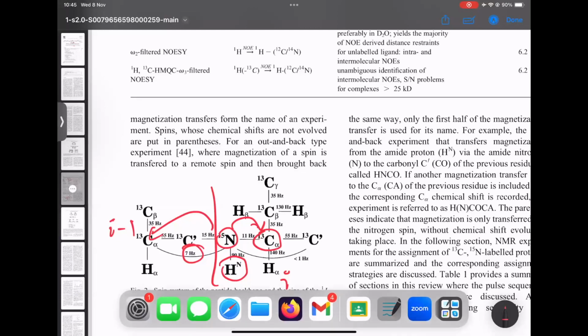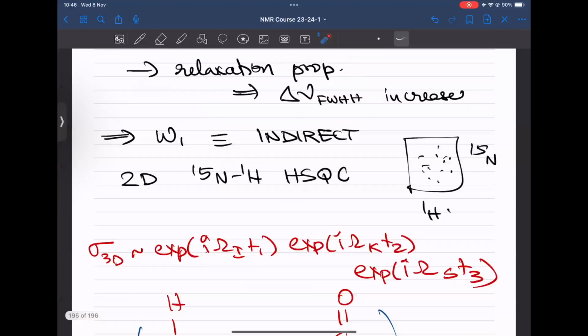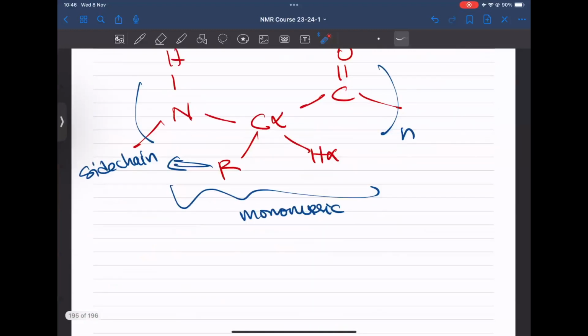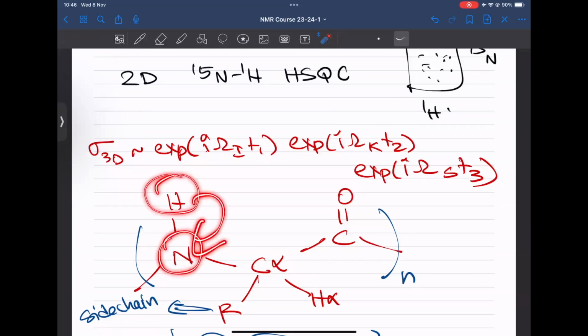What do we mean by correlate? This is what we mean by correlate. Here we are correlating chemical shifts, isn't it? By this, what we mean is that in a 3-dimensional spectrum, you will only get a peak when the H and C are connected through single bonds: the H is bonded to a nitrogen with a single bond, and the nitrogen is single bonded to the carbon. That's when you get a signal.